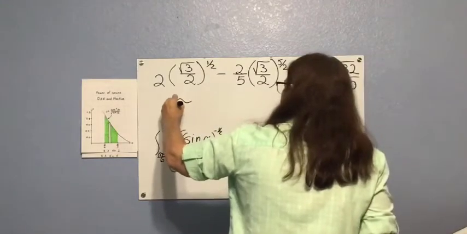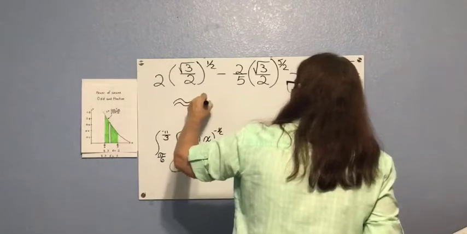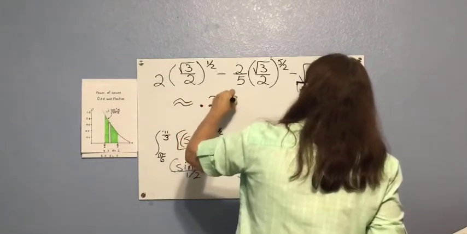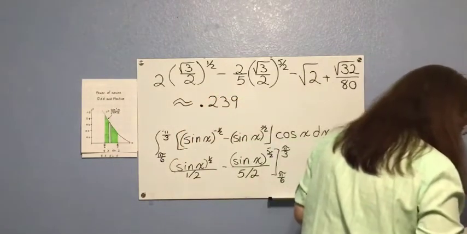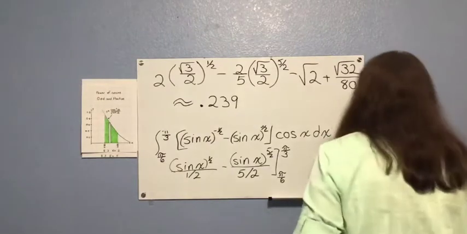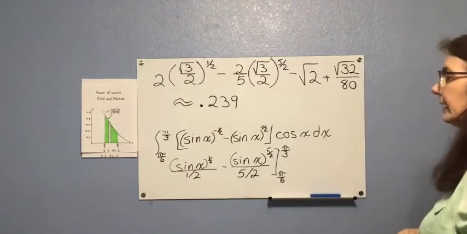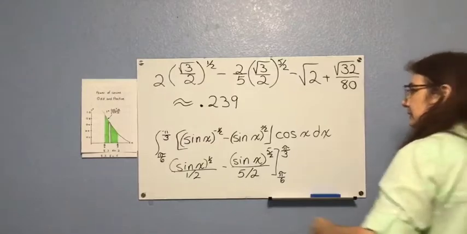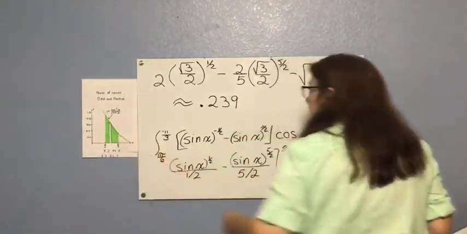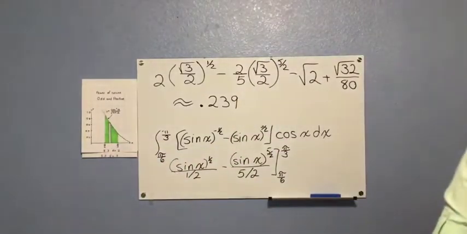If I put that all in the calculator, I get approximately 0.239. And again, that would be the area of this region in the picture.